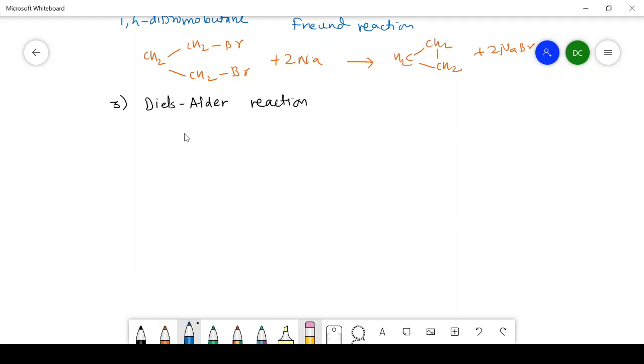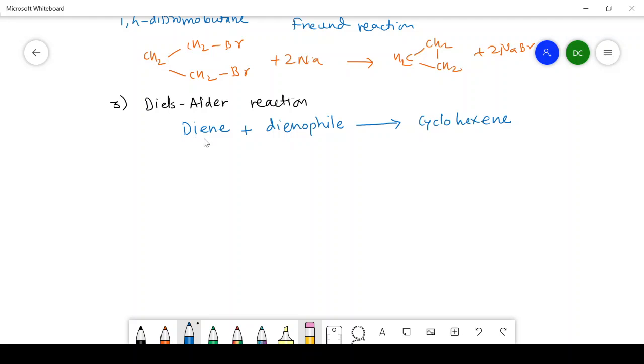In this reaction, a diene and a dienophile undergo cycloaddition reaction to form cyclohexene derivatives. And these cyclohexene derivatives are reduced to get converted into cyclohexane.